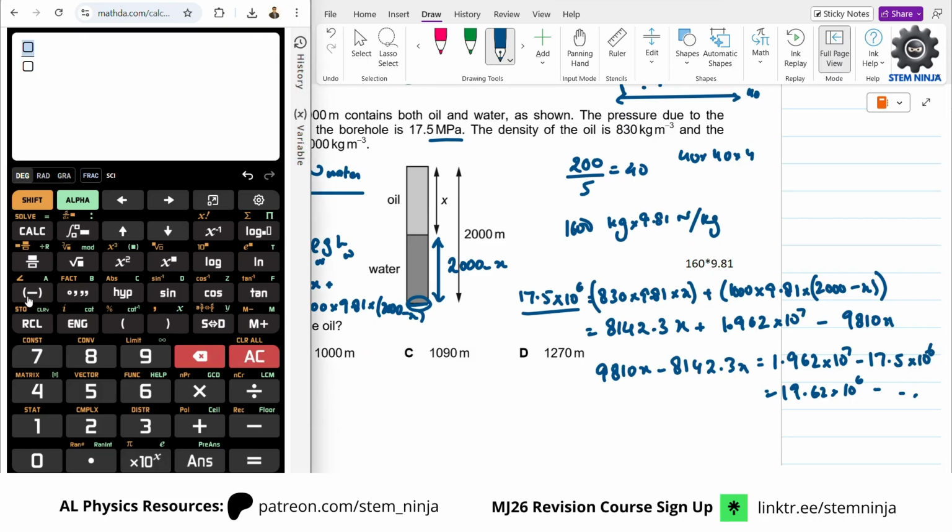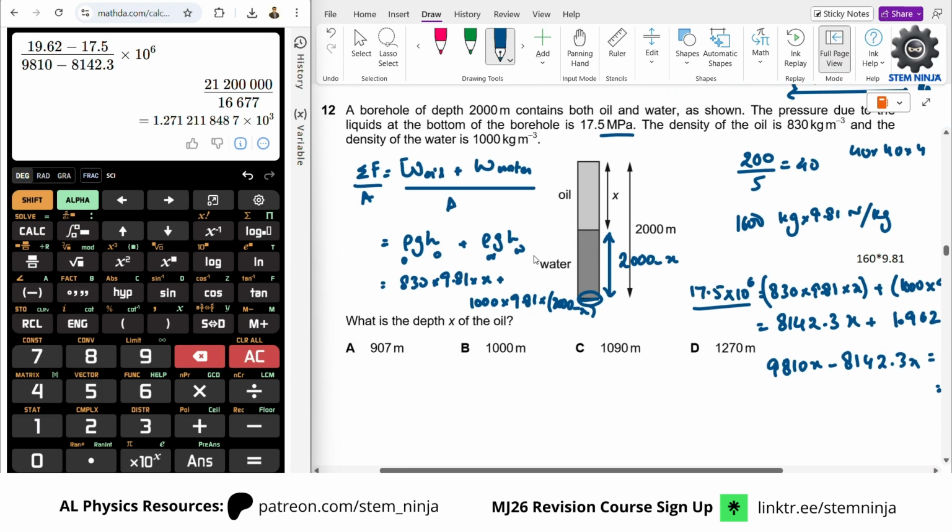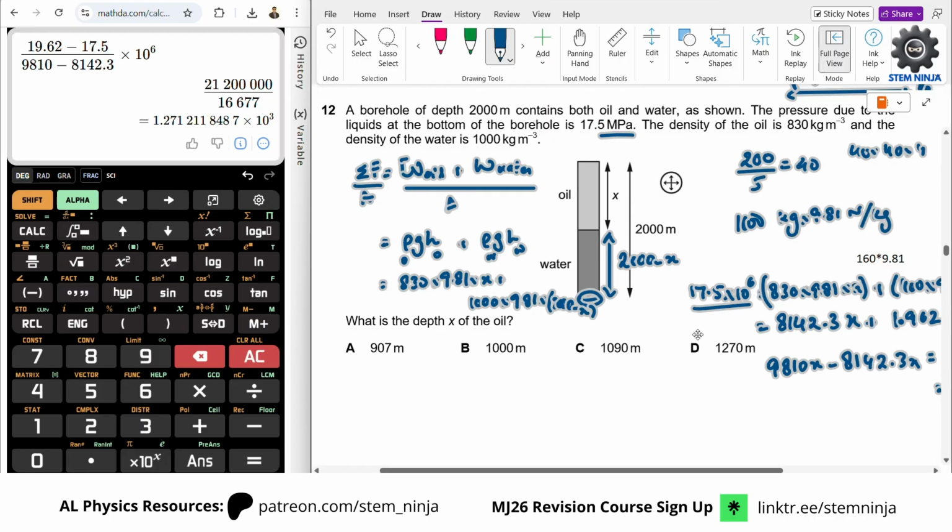So we have 19.62 minus 17.5, divided by 9810 minus 8142.3, times 10 to the power 6. So this is 1271, roughly 1270. Yeah, this is the only option.